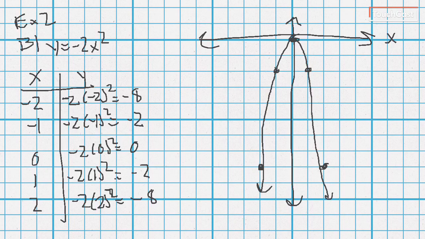These two functions we just graphed, y equals negative 2x squared and y equals 2x squared, our y values were somewhat similar. The only difference is we took the opposites if we had a negative in front of the 2 in the function. And that actually brings up a very interesting point.